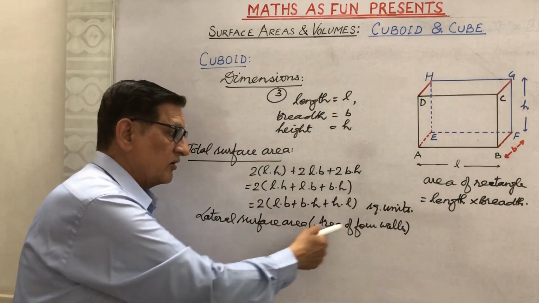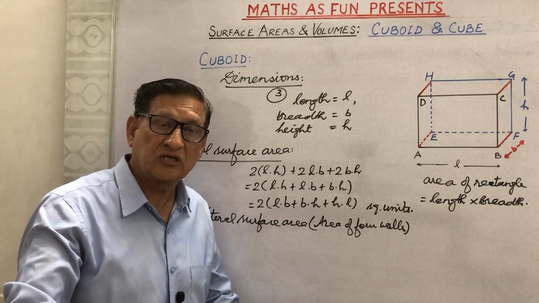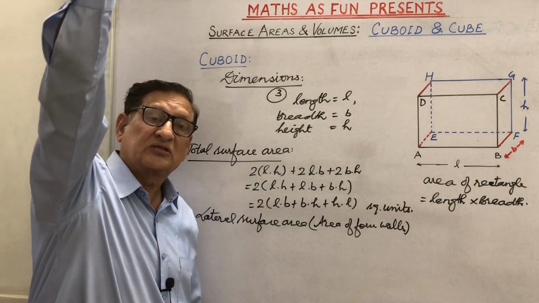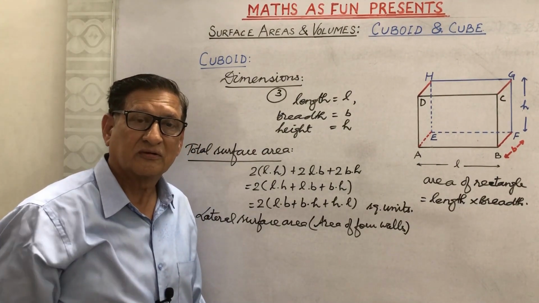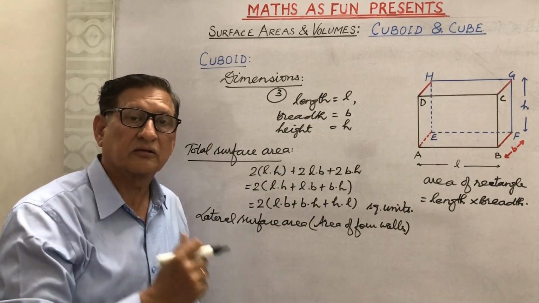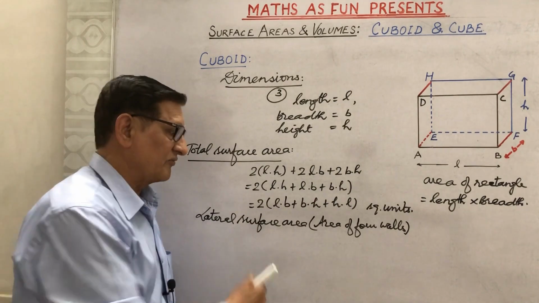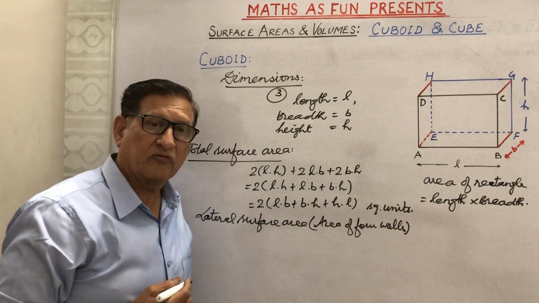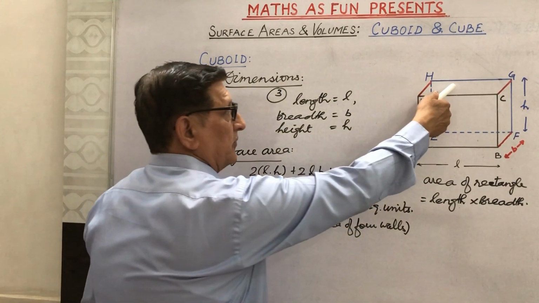And why is it the area of 4 walls? Because like you see in a room, if you leave the ceiling and the floor, then the area of all 4 walls will be the lateral surface area. That's why we also call it the area of 4 walls. So we leave the top and the base.